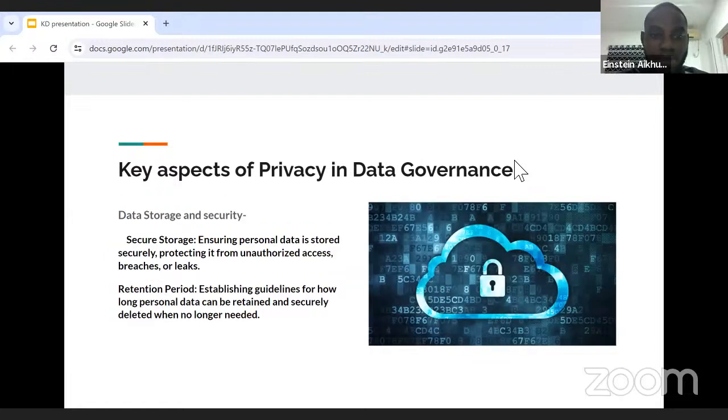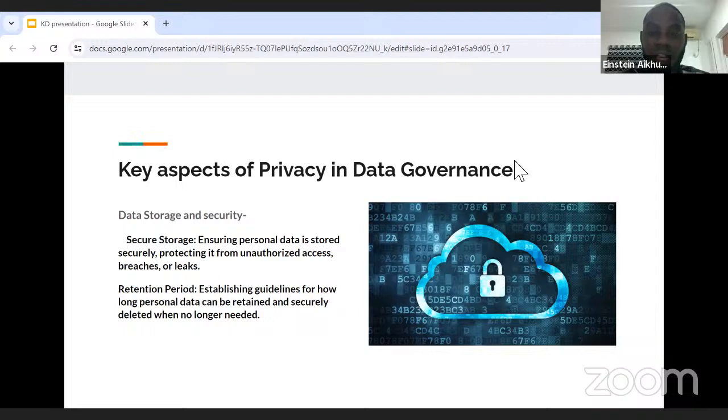Another key aspect of privacy in data governance is data storage and security. Secure storage, ensuring personal data is stored securely, protecting it from unauthorized access, breaches, or leaks. Secure storage is really important.